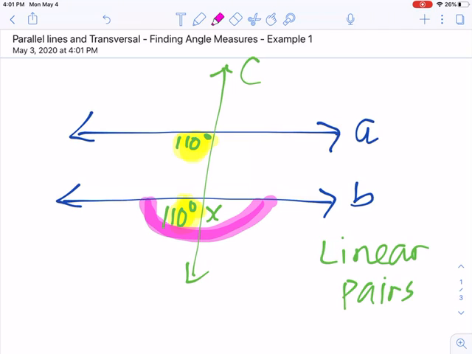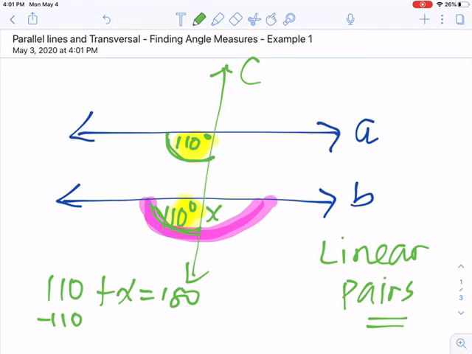Yes, if you said that they add up to 180, so 110 plus X equals 180, then you are also correct. So now that I know this angle is 110 because it's corresponding to the given angle, I can subtract 110 from 180 to get 70 degrees. So angle X is equal to 70 degrees.